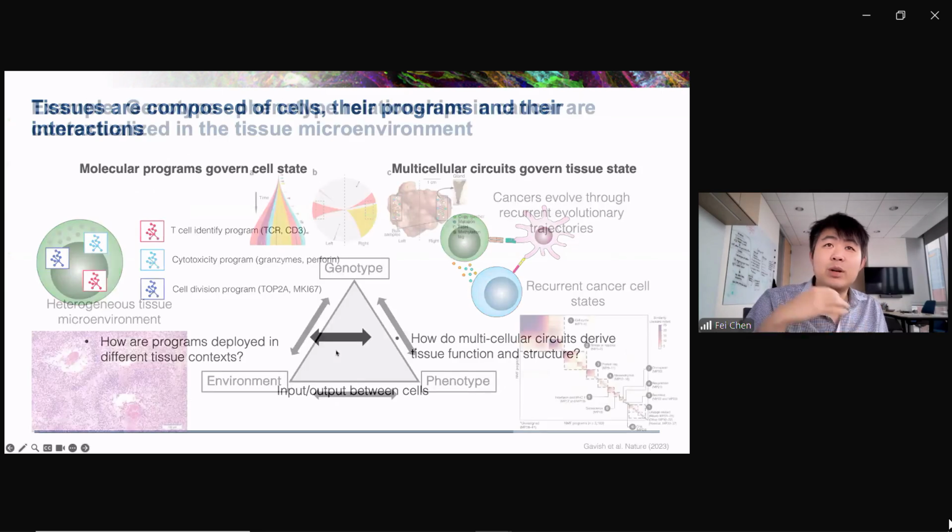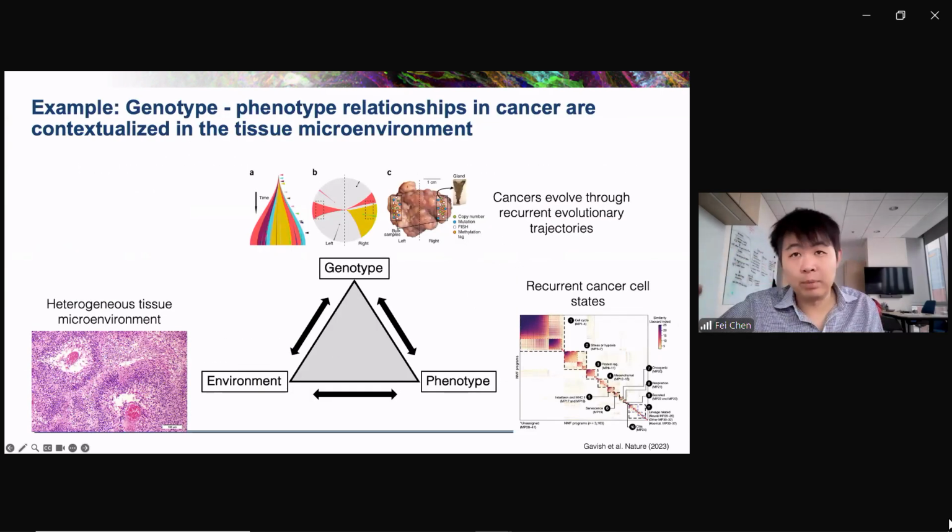And then I just want to contextualize that maybe with an example in cancer. I'm just using cancer here as an example because I'll also talk about it later on in my talk, but I think it also is a great place for applying these spatial genomic tools because cell types and states are very diverse and are very influenced by their environment.